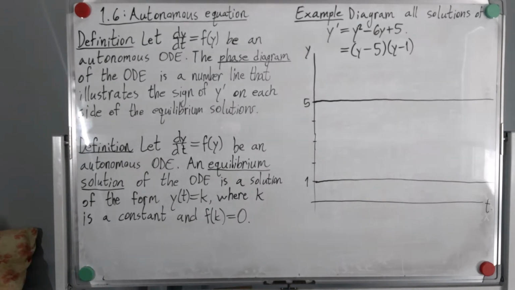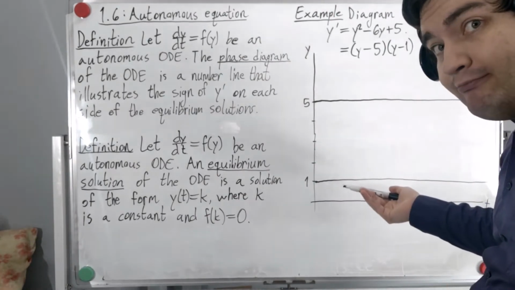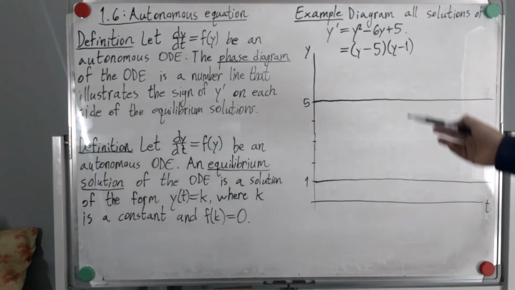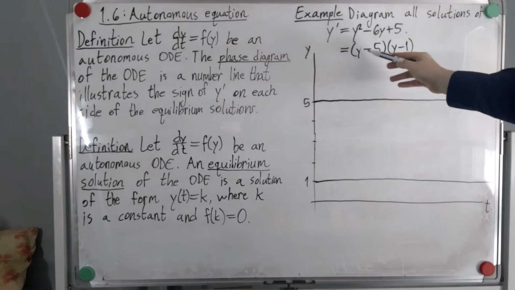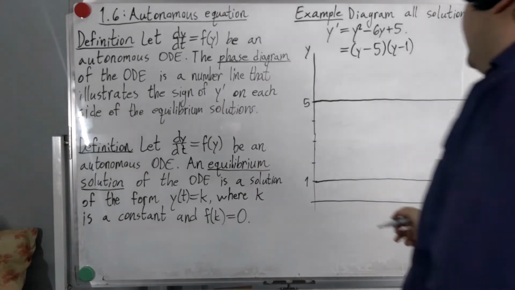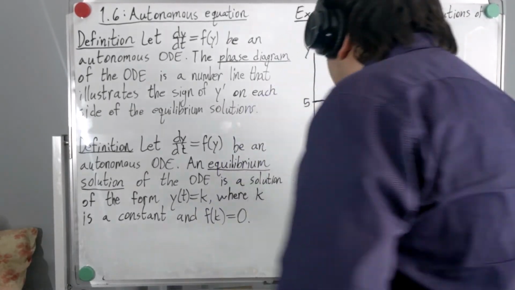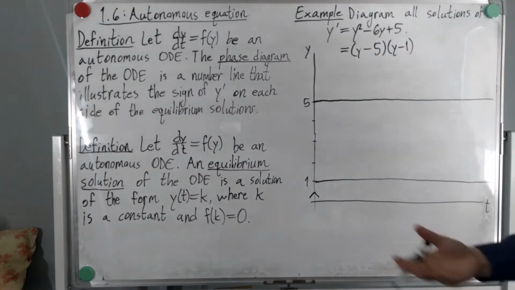So, if you look at a value less than 1, like 0, let's see here. This would turn into 0 minus 5 times 0 minus 1. That's a positive number. So we're just going to put an arrow facing up here to indicate that y prime is positive.